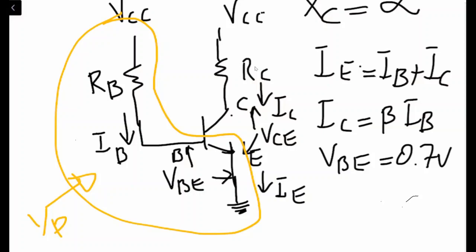And when we look at the input side of the circuit, we can have the equation from here. VCC should be equal to the drop in the base resistance of the circuit plus the drop between the base and the emitter junction of the transistor, right?